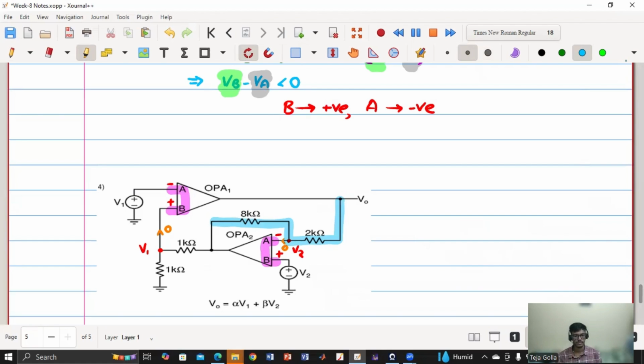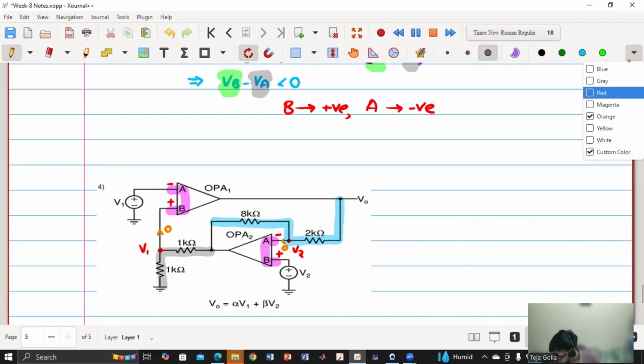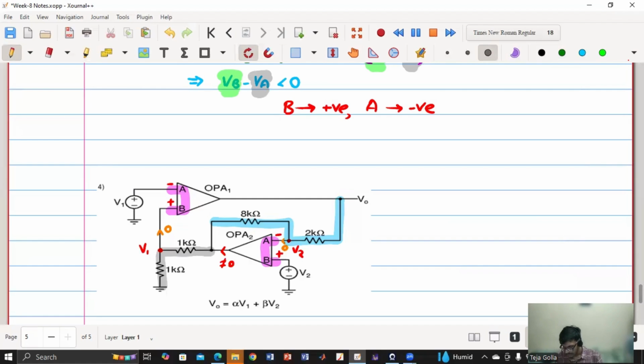And similarly, here also, this is the path of current, because there is no other path. But you cannot assume this. There will be some finite current here. This is not equal to 0. Op-amp output current is finite. I am not assuming that. I am assuming from this point, the current will flow in this direction. So that makes sense. Is that clear?